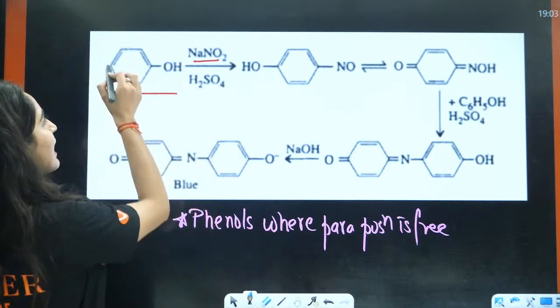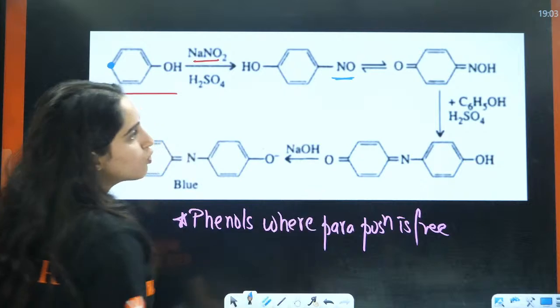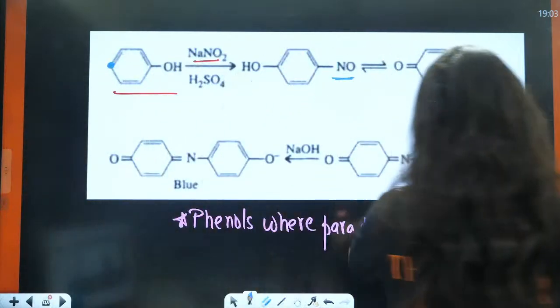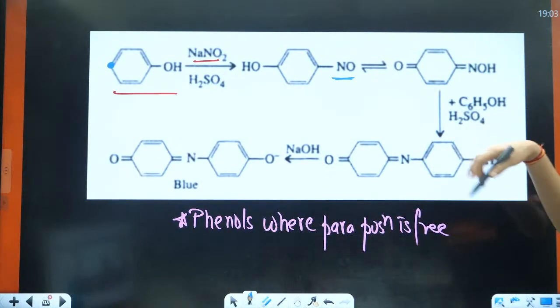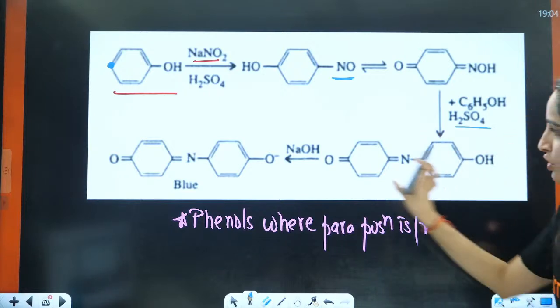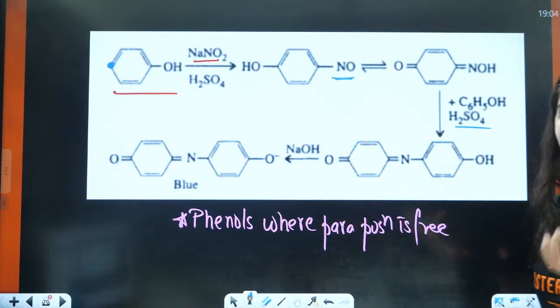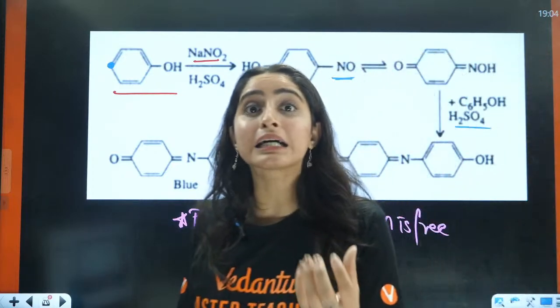So now, in the para position, what will happen? You will have the substitution of NO, right? After that, if you further add more phenol and H2SO4 into it, you will have the substitution of this particular thing. After adding NaOH, now what is the color? You need to remember the color here.